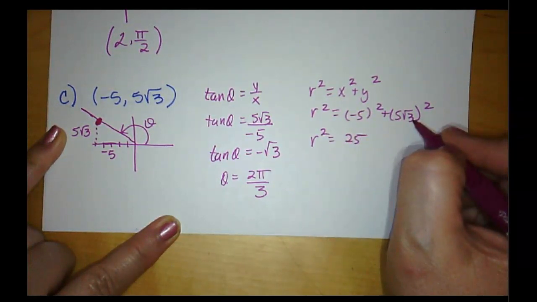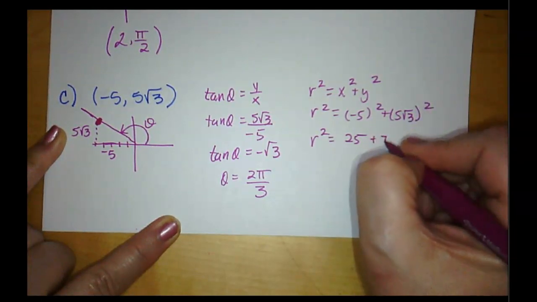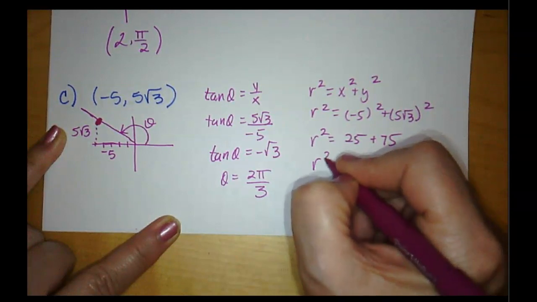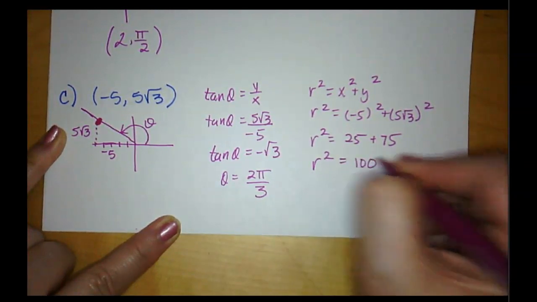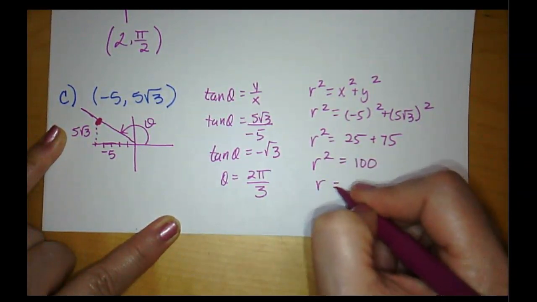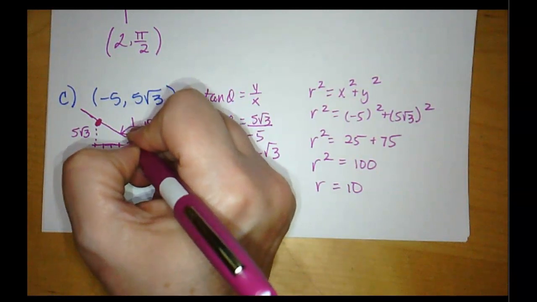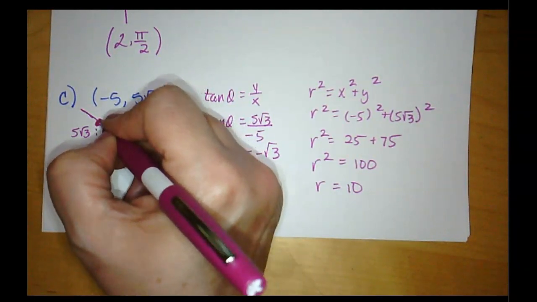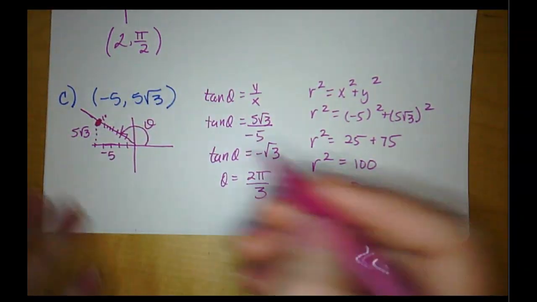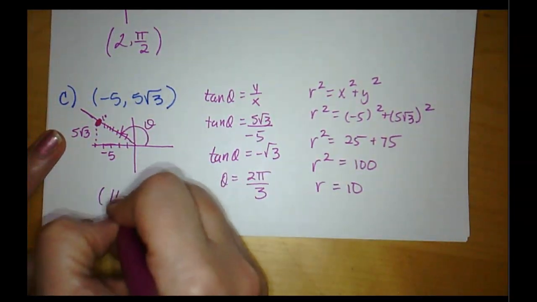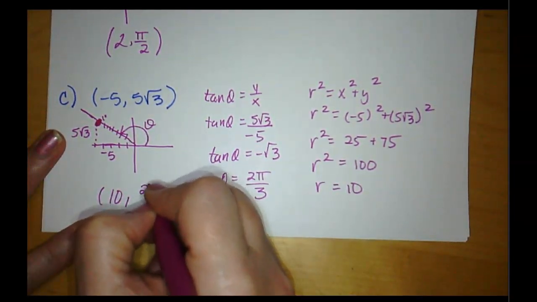Root 3 times root 3 is root 9, which is 3. 25 times 3 is 75. So that gives me an r squared value of 100. That makes it nice for my r, which is 10. And we only need to worry about the positive one because really, remember, we're just talking about the runs down this. There'd be 10 of them to get to that. So our coordinate point is 10, 2 pi over 3.